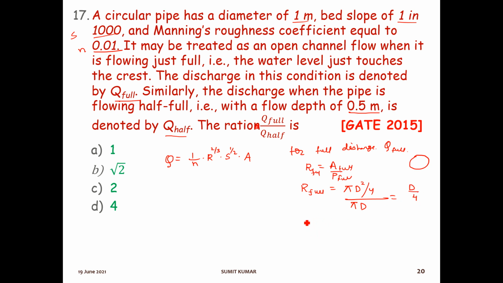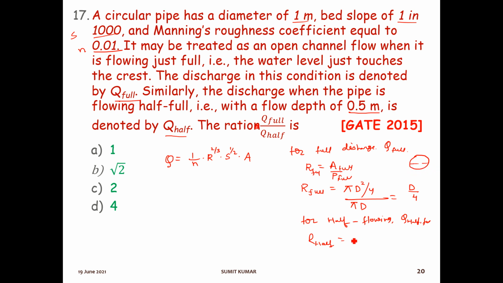Now for half flowing, or Q half full, we will get R half, that is the hydraulic mean depth in case of half flowing. So what will be the area half when the flow is occurring through half of the pipe?